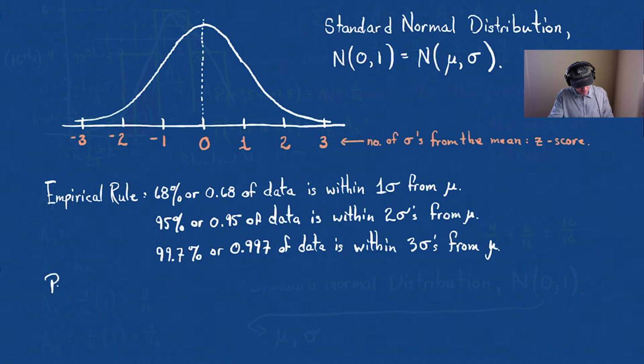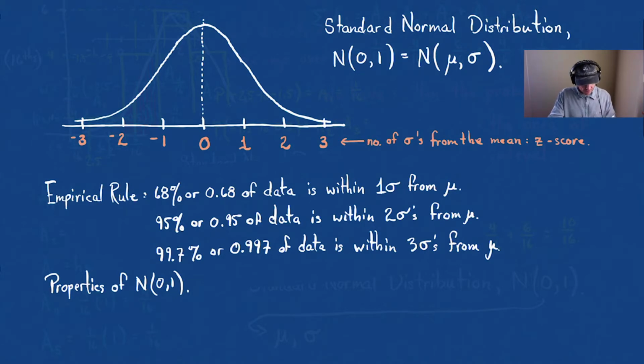We'll call these properties of N(0, 1), the standard normal distribution. 1. The mean is always right there in the middle. It's always a mean of 0, always a standard deviation of 1.